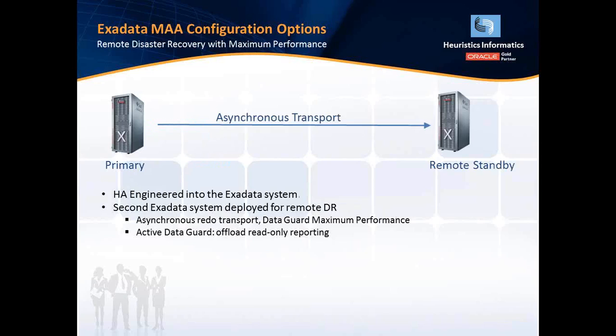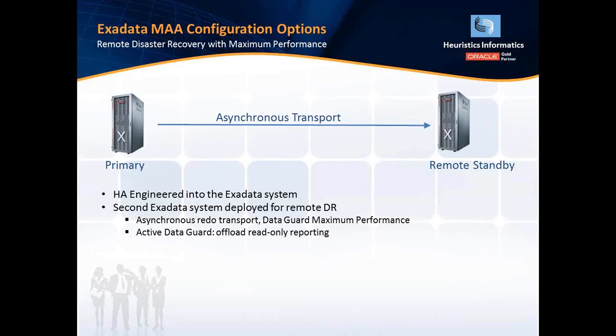Second would be a true remote disaster recovery environment where you've got, again, Exadata engineered systems running on both environments, but the standby environment is in a completely separate geographical region to help protect against natural disasters in addition to anything else.